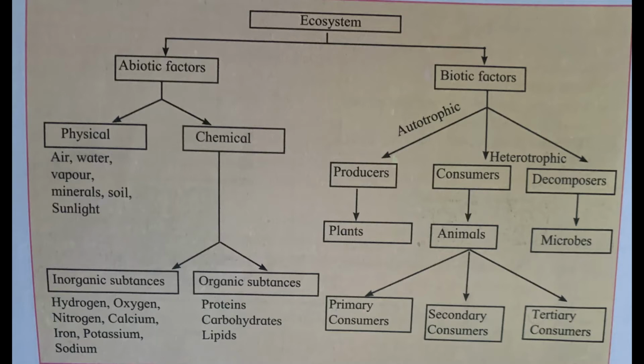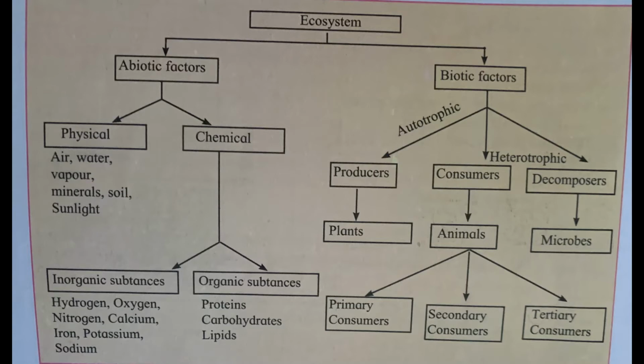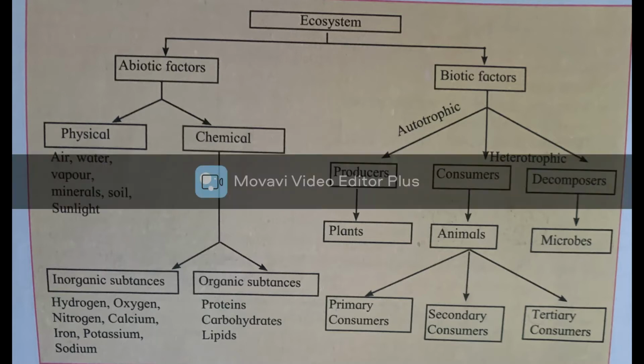Here is a flow chart of an ecosystem. There are two parts, abiotic factors and biotic factors. Abiotic factors are classified into two parts: physical and chemical substances. Physical substances are air, water vapor, minerals, soil and sunlight.